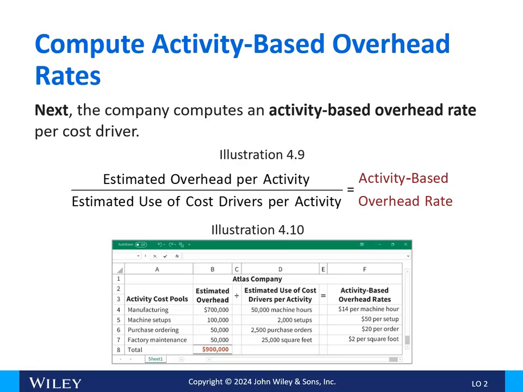Machine setups, $100,000, 2,000 setups, so $50 per setup. Purchase ordering, $50,000, 2,500 purchase orders, so $20 per order. And finally, factory maintenance, $50,000 at 25,000 square feet is $2 per square foot. So we've taken that total 900,000 and gotten rates for our 4 different cost pools.